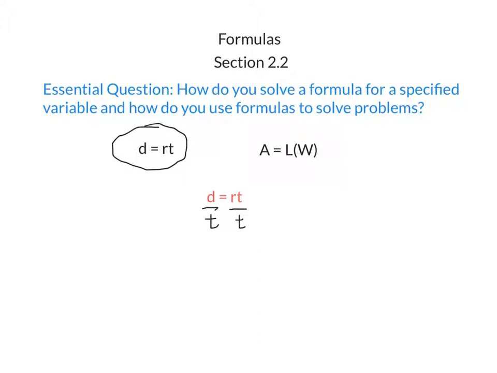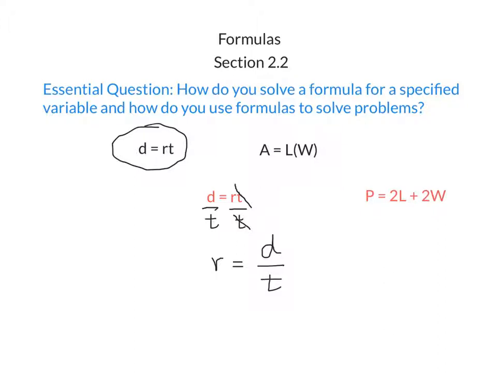So if I look at this and realize that the t's on the right cancel, I end up with r is simply equal to d divided by t, or rate is equal to distance divided by time.